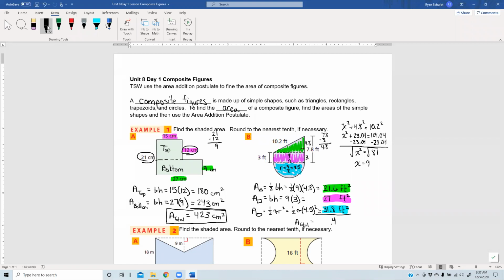Carry your 1. 10, carry your 1. 80.4 feet squared. There's our area. That's our total area. We just added them all up.